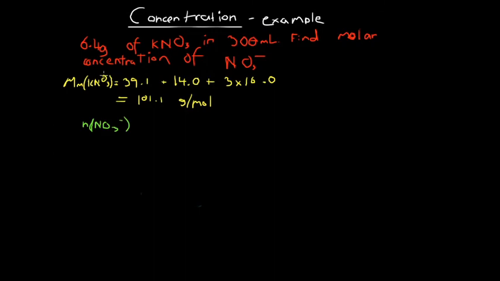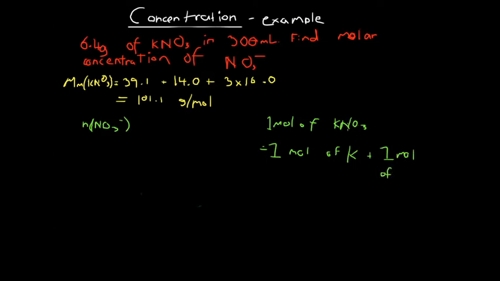This looks a little bit tricky. We want to find the mole of nitrate, and the information that we need to work this out is that if we have 1 mole of potassium nitrate, then that is equal to 1 mole of potassium plus 1 mole of nitrate.